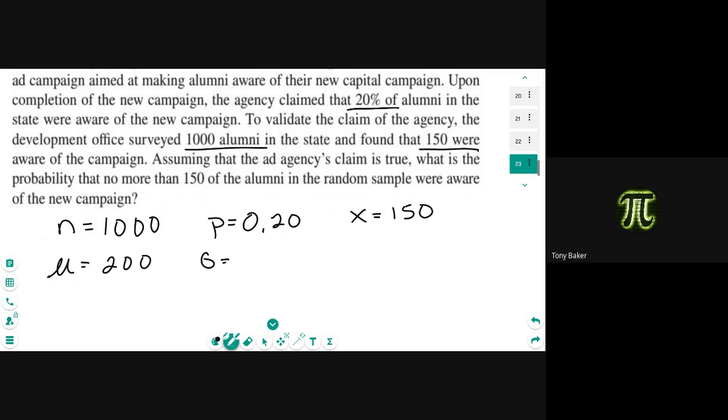It's the square root of N times P times 1 minus P, right? So 1,000 times 0.2 times 0.8, which should give you 12.65.